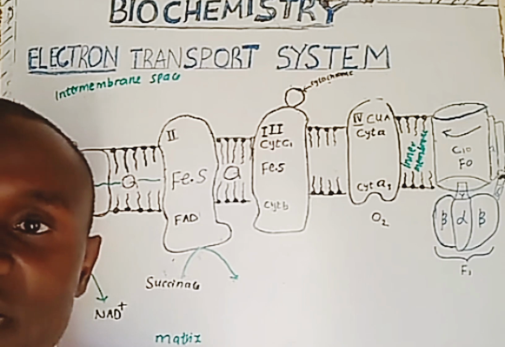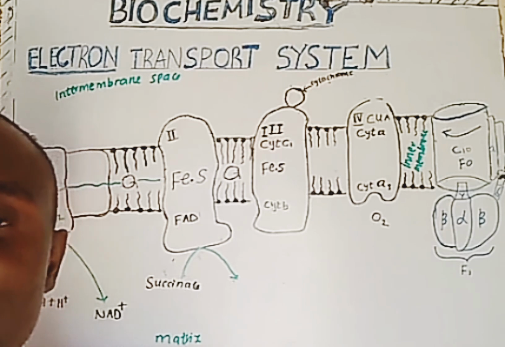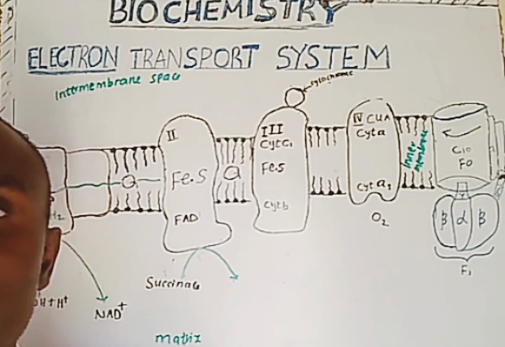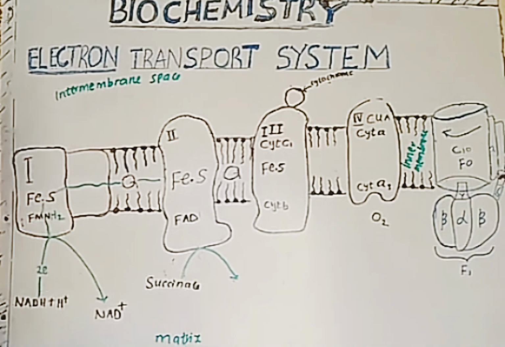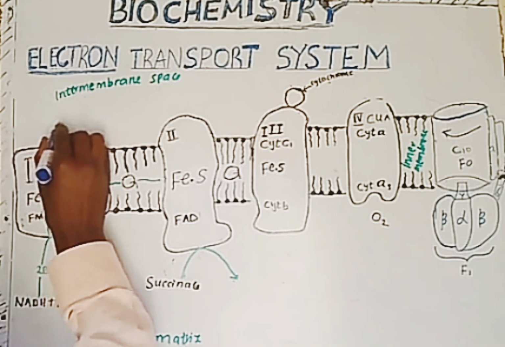The movement of electrons through complex 1 generates an electric current, which makes it supercharged. This causes complex 1 to pump 4 protons from the matrix of the mitochondrion into the intermembrane space.